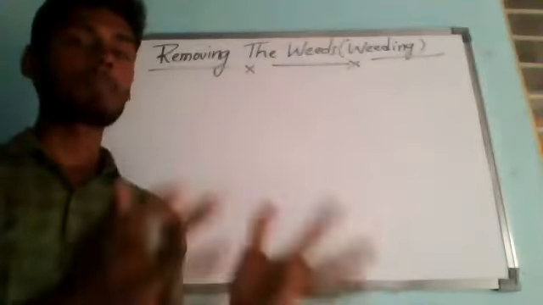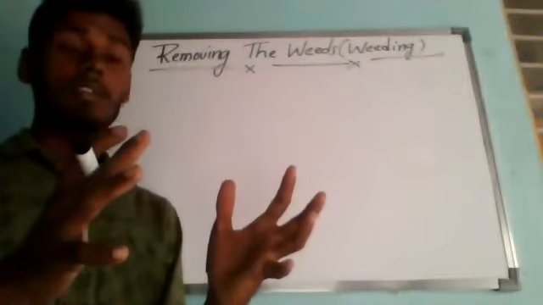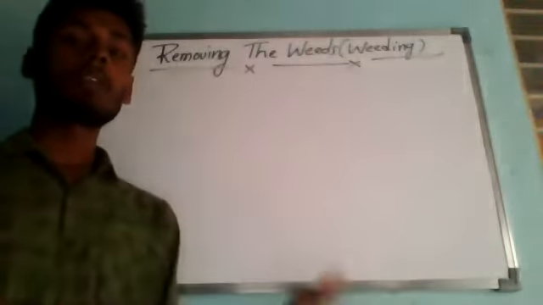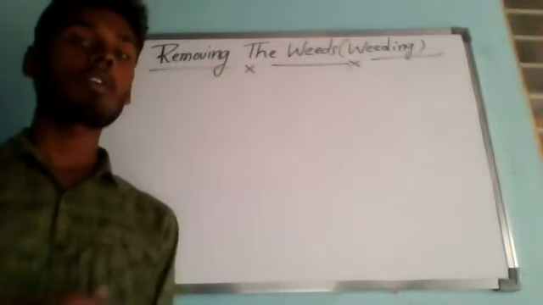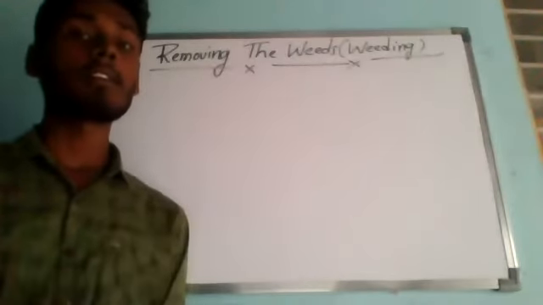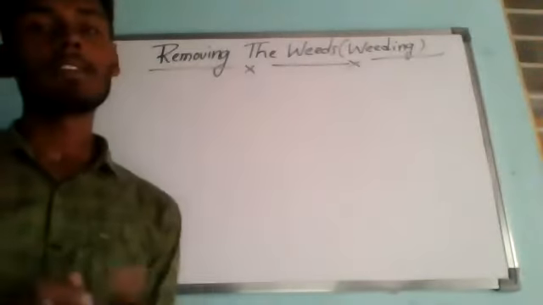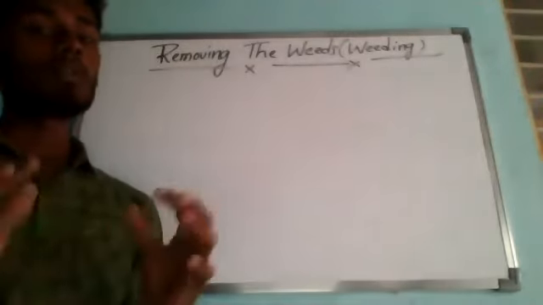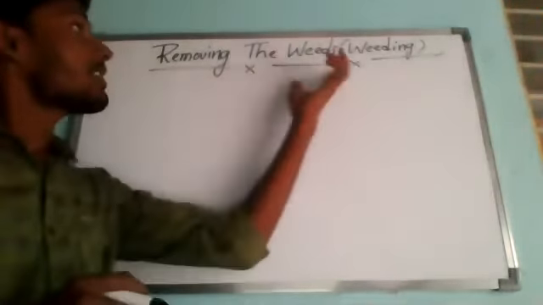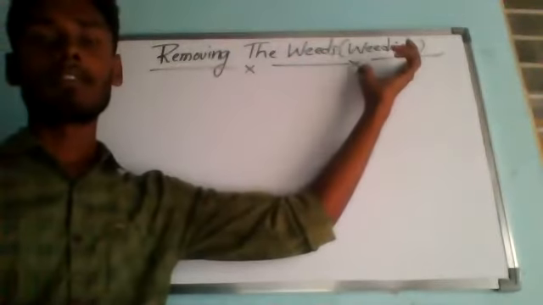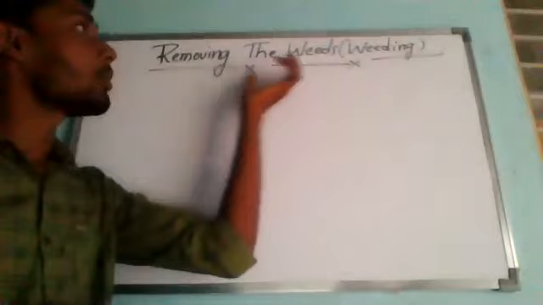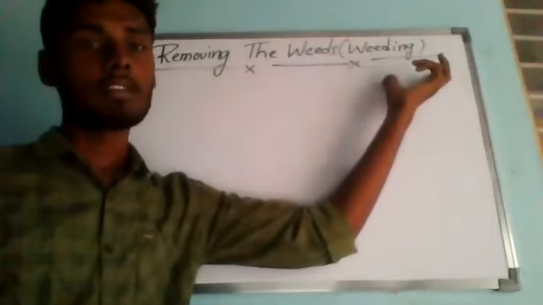When we are cultivating something, along with what we are planting, some other plants also grow. Those unnecessary plants growing in a cultivated land are called weeds. Removing those unwanted plants is called weeding. Understand? We can also call it removing the weeds, or else weeding.